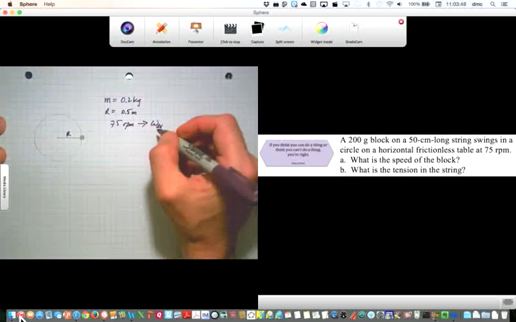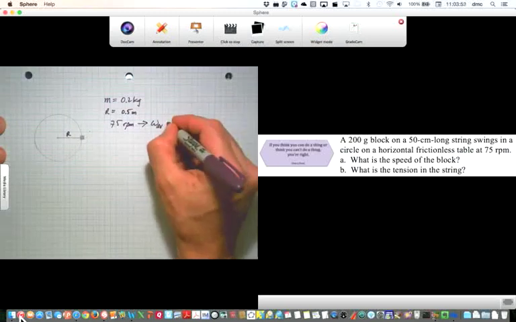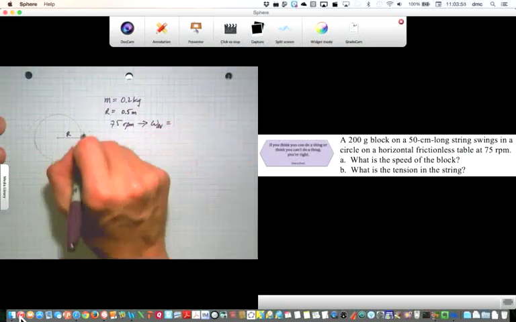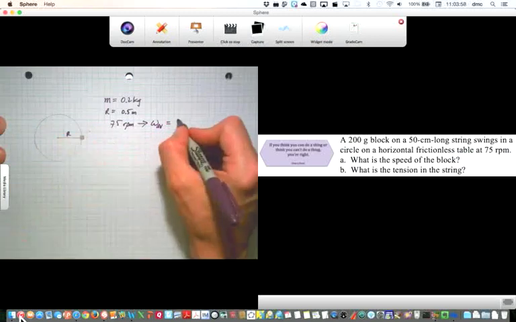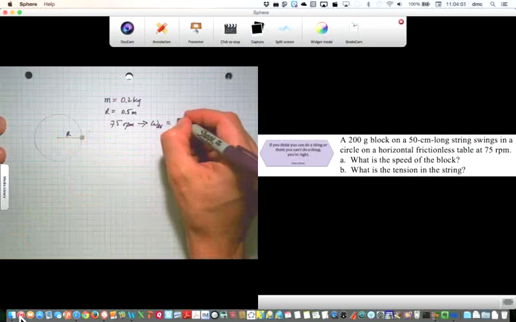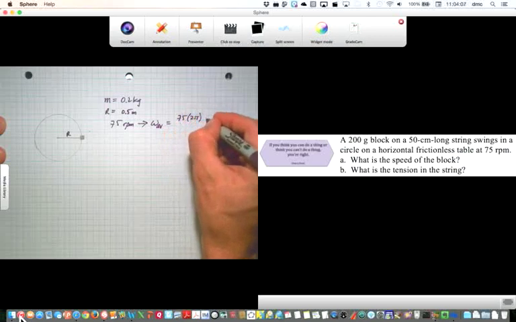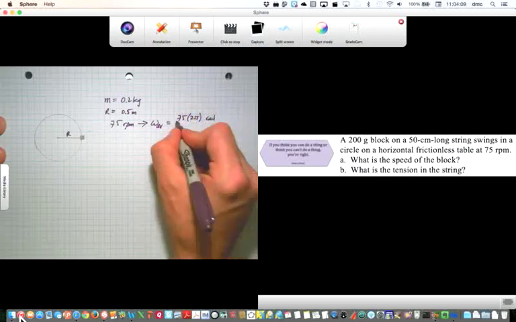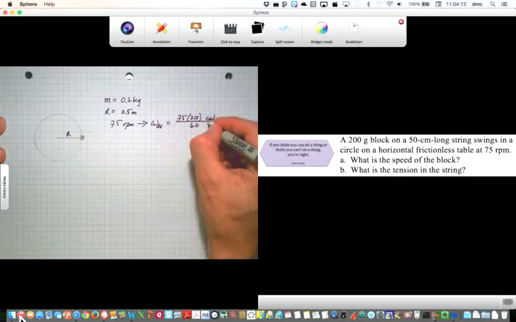We don't want to get it confused, so omega, which is angular velocity, is equal to, well, it goes 75 times around in a minute, and each time around is 2 pi radians. So to get it in radians per second, that's going to be 75 times 2 pi radians per minute, which is 60 seconds.